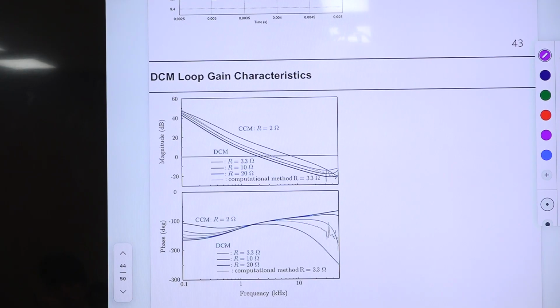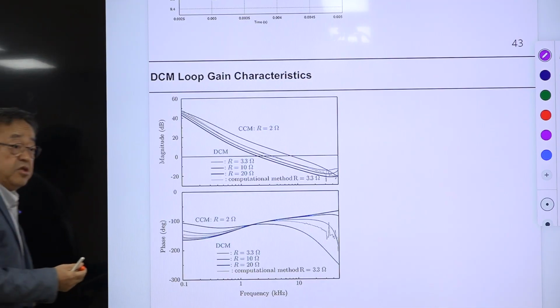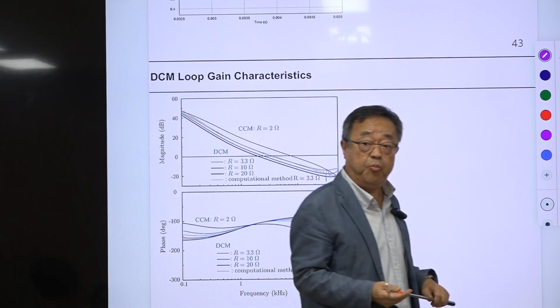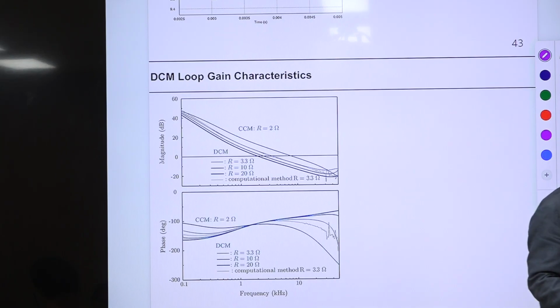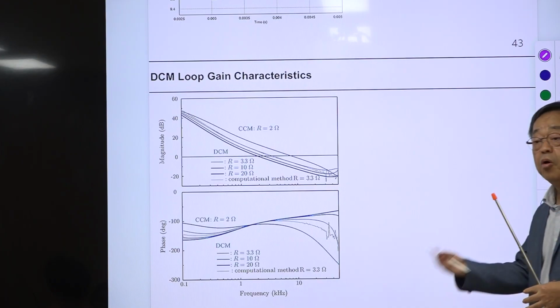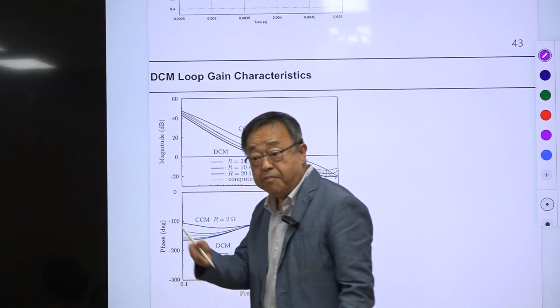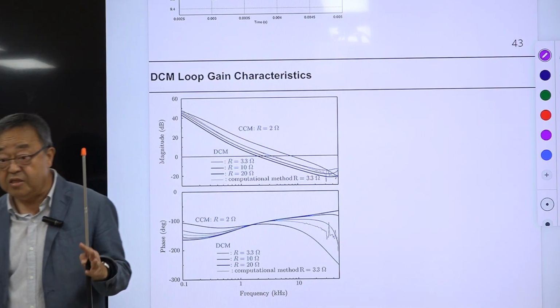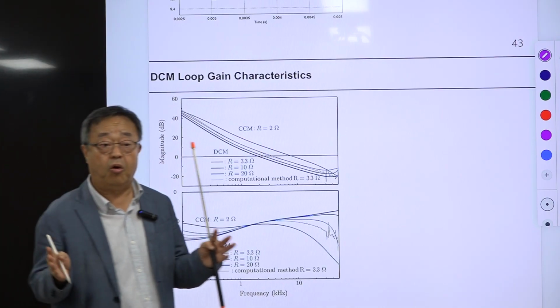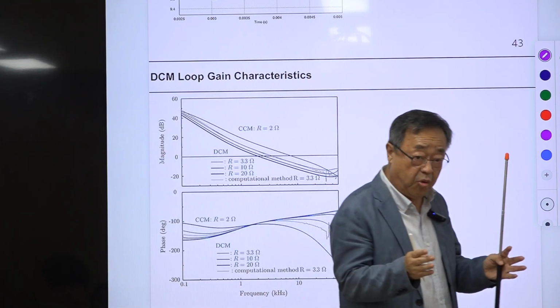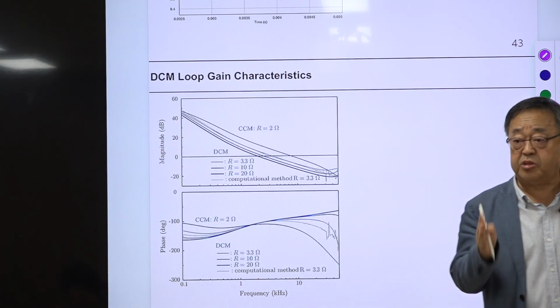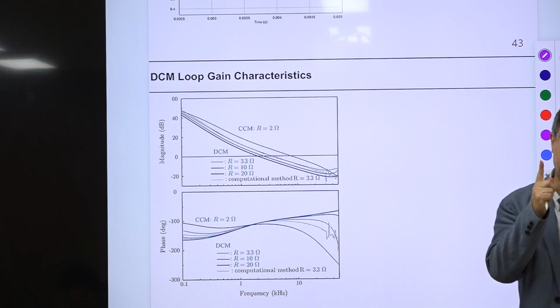And this is another story. I didn't discuss the DCM operation in this class, but I lectured many times about DCM operation. So all converters should go into DCM operation in the practical case. Okay, if the converter goes into DCM operation, the converter power stage becomes very similar to a first order system.